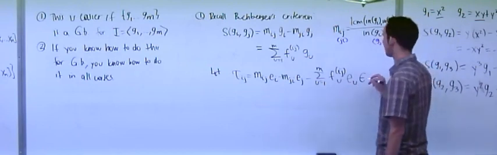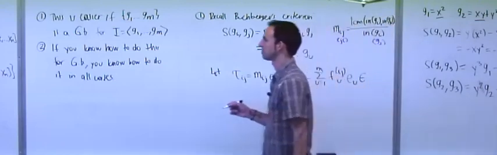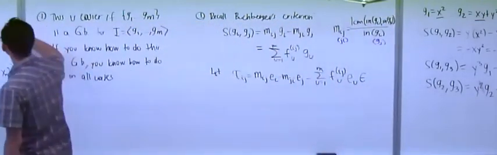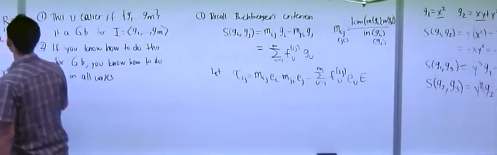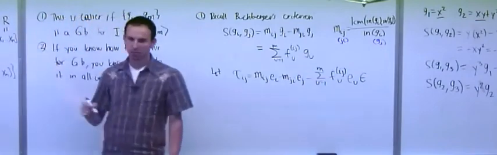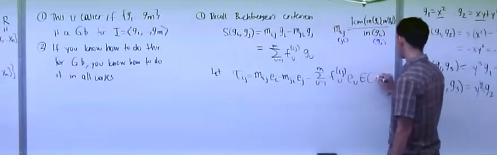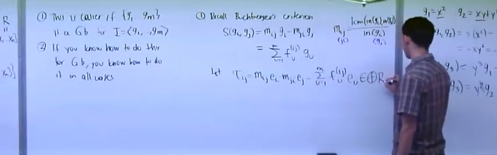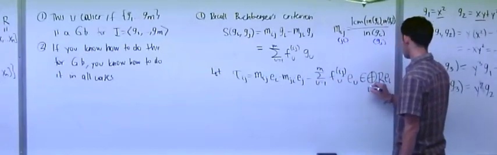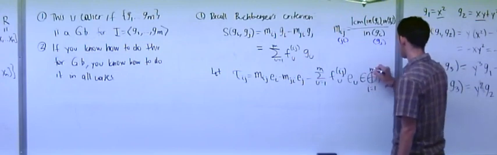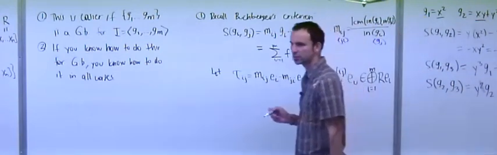And again, I'll remind you what a module is and how this works. But if I call my polynomial ring R, then I want this to live in here. So an R module.